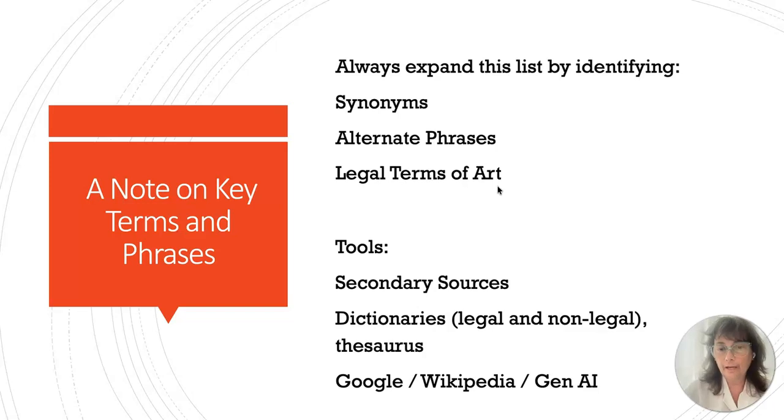And to find these, you can use secondary sources in the area of law that your question is in, dictionaries, both legal and non-legal dictionaries, like Black's Law Dictionary or just a regular dictionary. When you look up a word, the definition will give you alternate terms, and then you can always use Google or Wikipedia, and generative AI is really a good tool for this type of task.